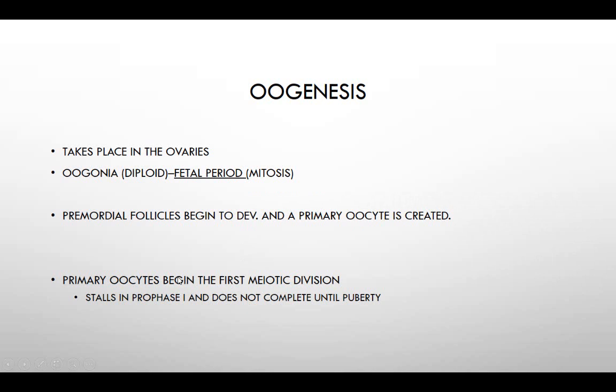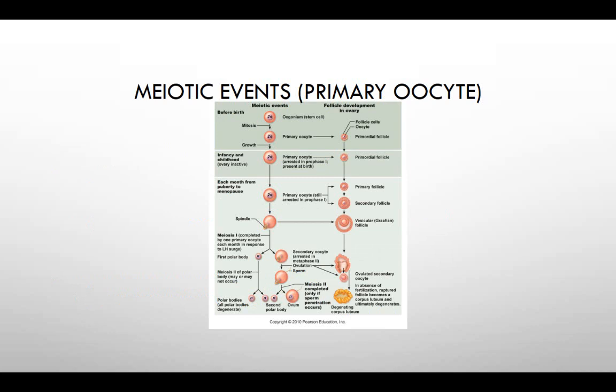The primary oocyte is like an immature egg, and it stalls in prophase 1 of meiosis, and then it doesn't go through the rest of meiosis until puberty, until you're ready to ovulate. The reason for that is that it's all hormone related. That's why this is happening.